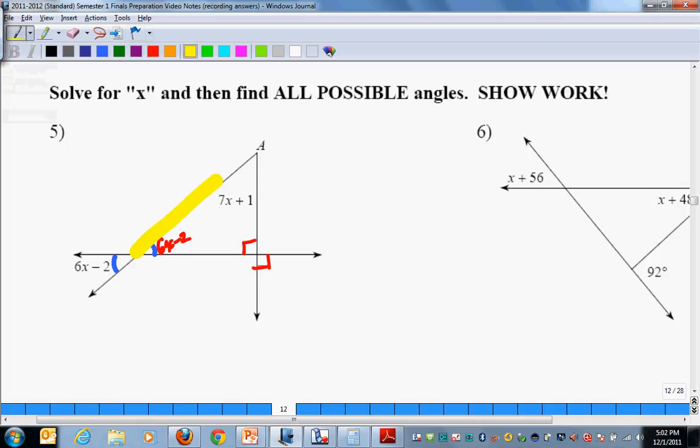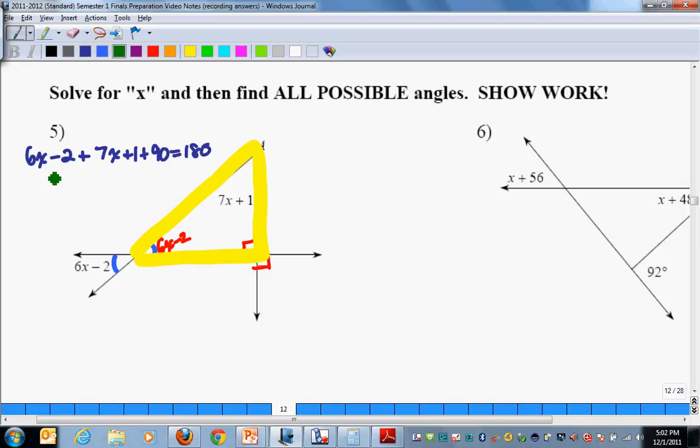Now we have everybody within one triangle, so we can add that up to 180. So we can go 6x minus 2 plus 7x plus 1 plus 90 equals 180.